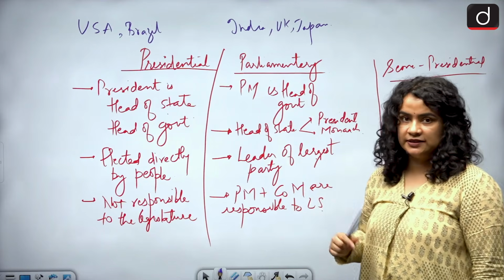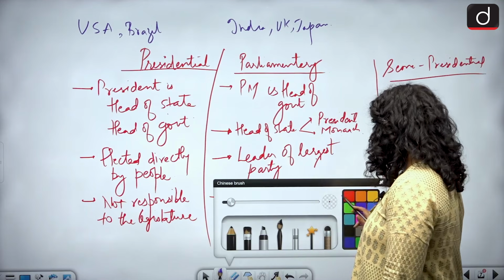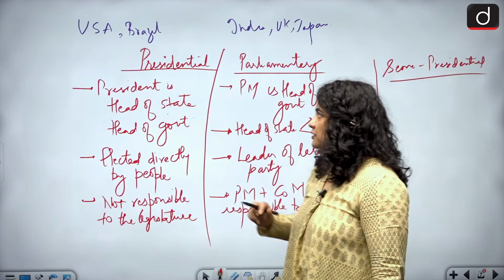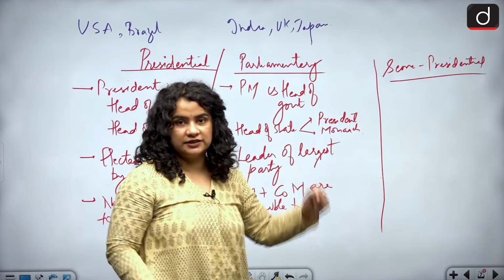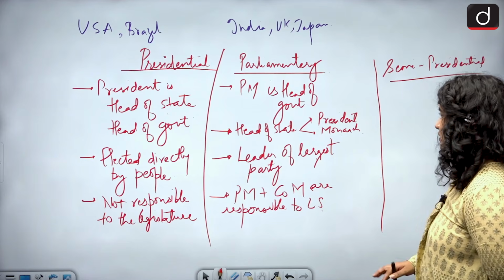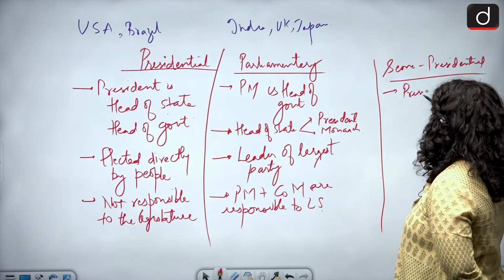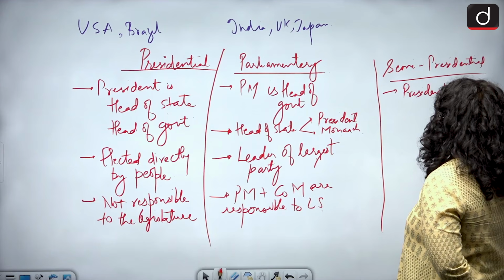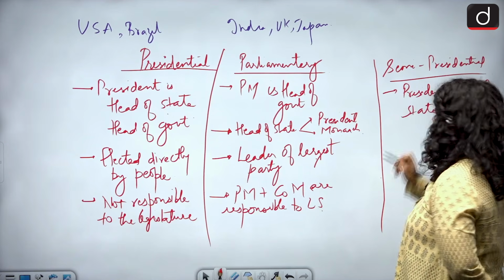Now, the semi-presidential system of government, as the name suggests, incorporates features of both the presidential as well as the parliamentary systems of government. Now, let's take a quick look at what the features are. So, here, the president is the head of state. The president is indeed the head of state.